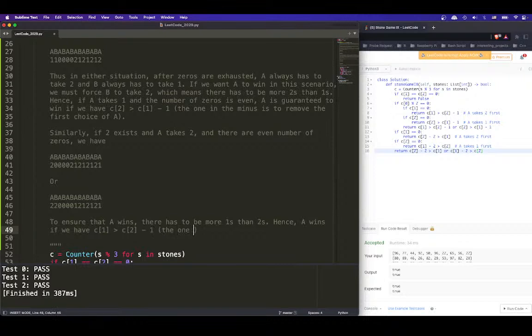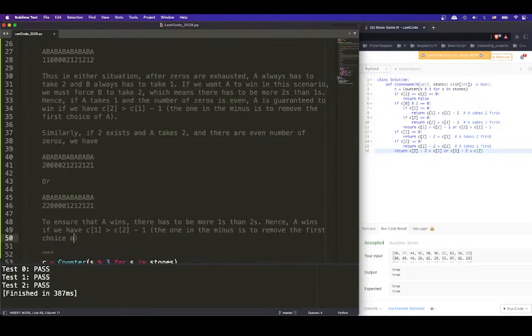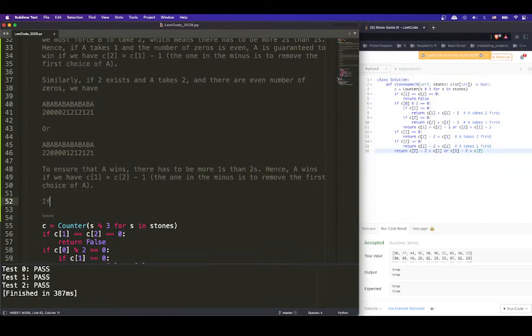Right? The minus is to remove the first choice of A. Now, if the number of zeros is odd, the situation is a bit more complicated.